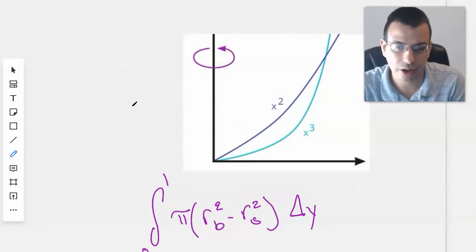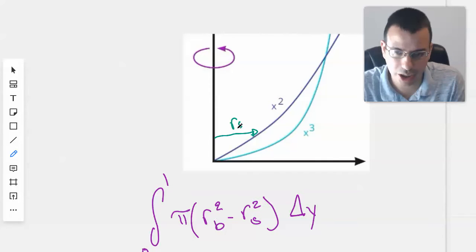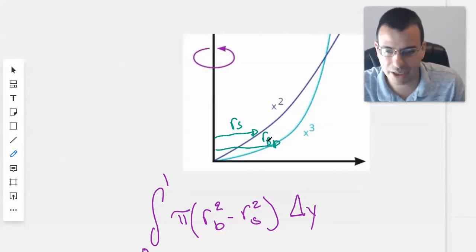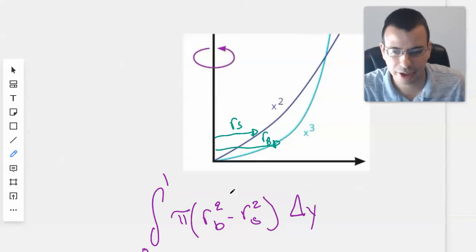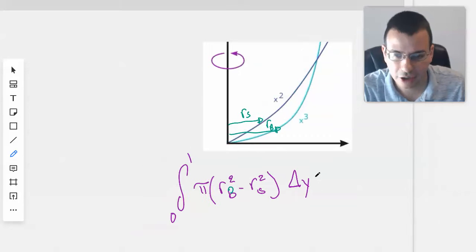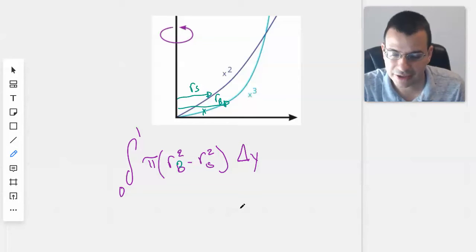Okay, so this right here will be radius small. This right here will be radius big. It does feel appropriate that I should use a capital B for the big radius. Okay, so this is the x value. So the y equals, y big equals x big cubed.